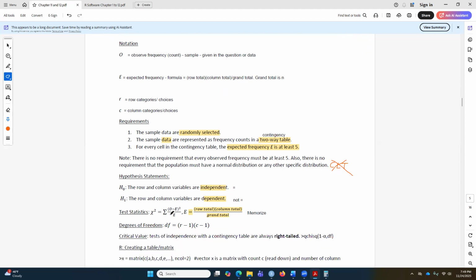So for the test statistic, make sure you memorize this. The only thing I want to point out here is that chi-square is our sampling distribution. You do not need to memorize the formula. The formula you need to memorize here is how to find the expected frequency, which is the row total times the column total divided by the grand total. The degree of freedom for this case is (R minus 1) times (C minus 1).